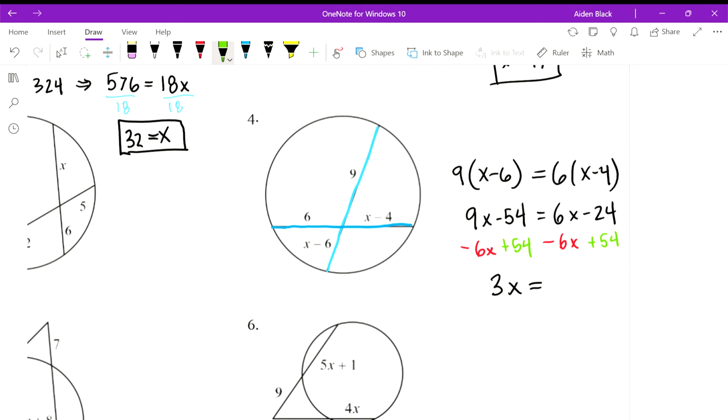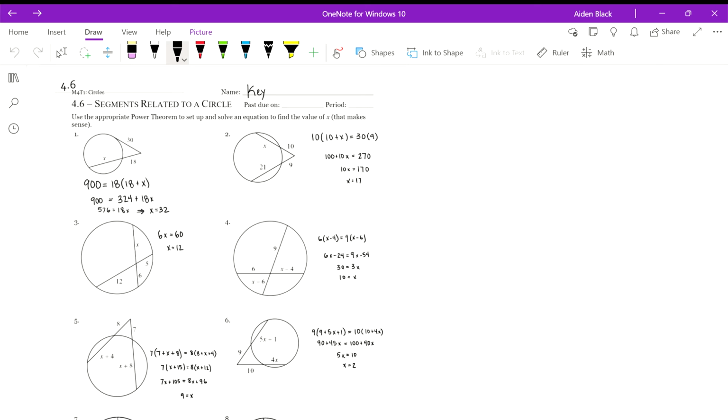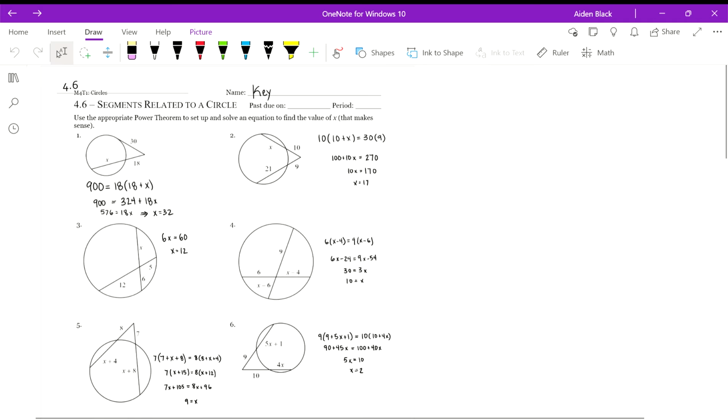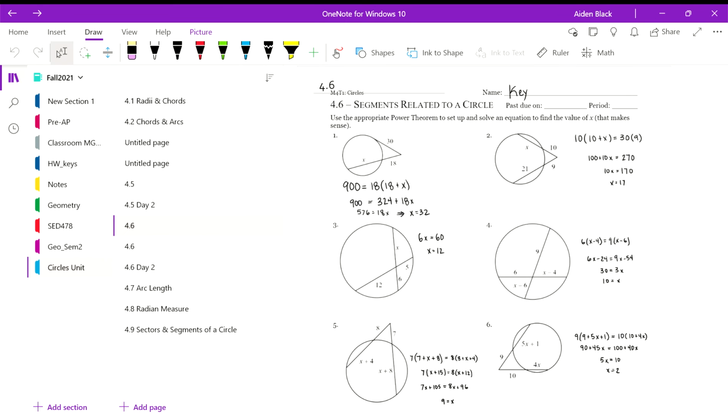Kind of doing two steps in one right here. So 6x minus 6x, 0, negative 24 plus 54, that should be 30, right? So we know x equals 10. That's the key.